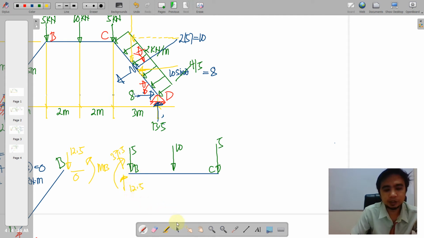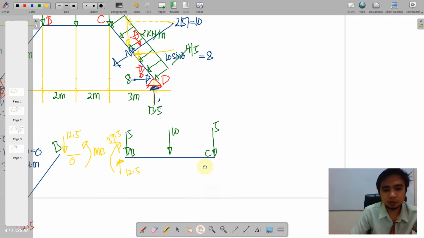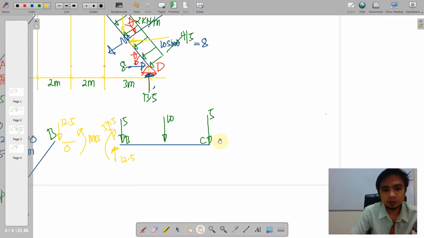So our next step is to first determine the internal reaction here, and obviously there is 12.5 here, this is 25 downwards. Of course, it is symmetrically placed on the beam, and obviously this shall be also 12.5.